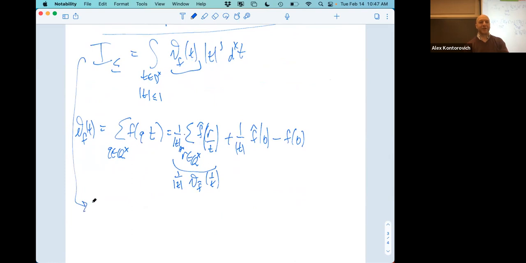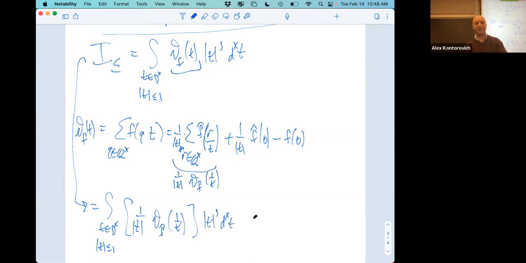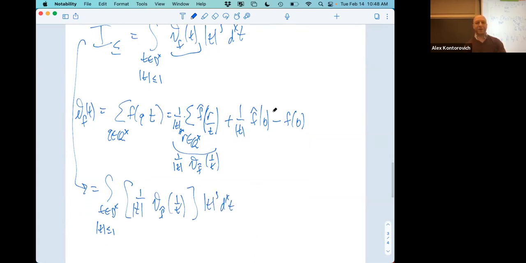So this integral we can write as the integral over d cross, t having absolute value less than 1. I'll replace the theta function by 1 over t, theta function of the Fourier transform at 1 over t. Let me already break it here. t to the s, d cross t, and then I have these contributions.